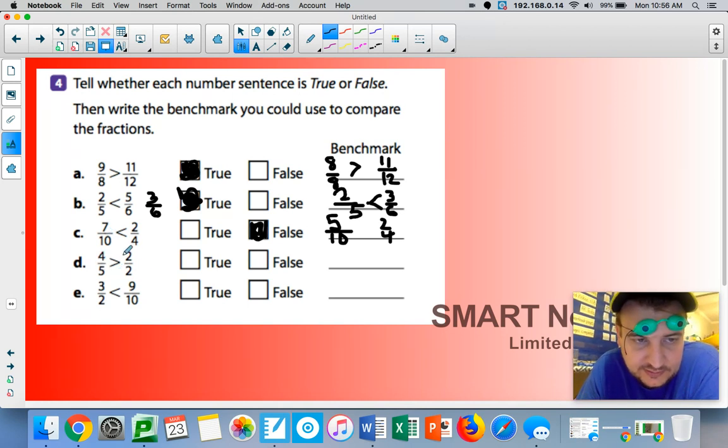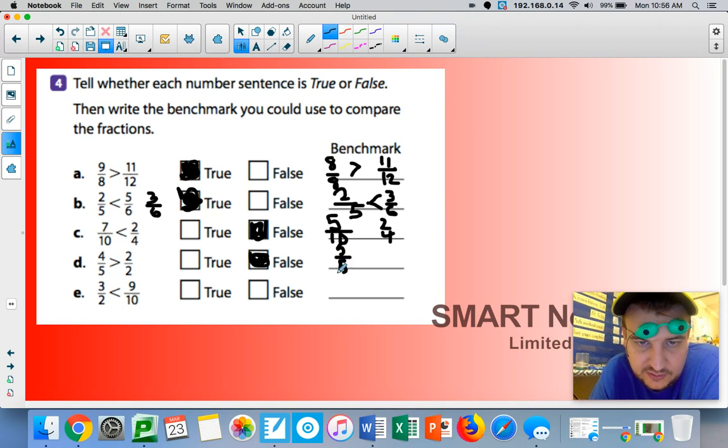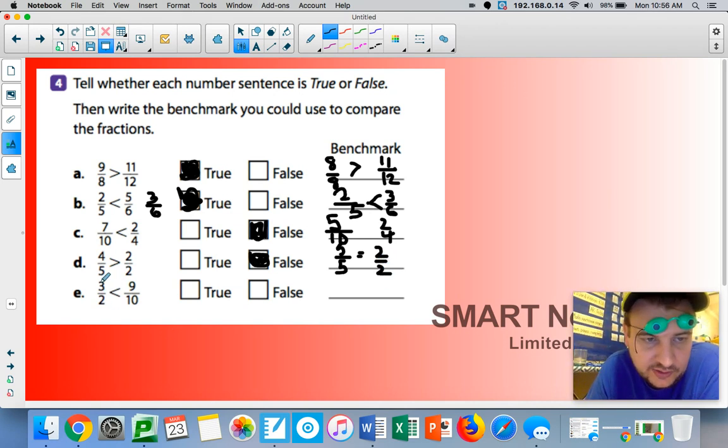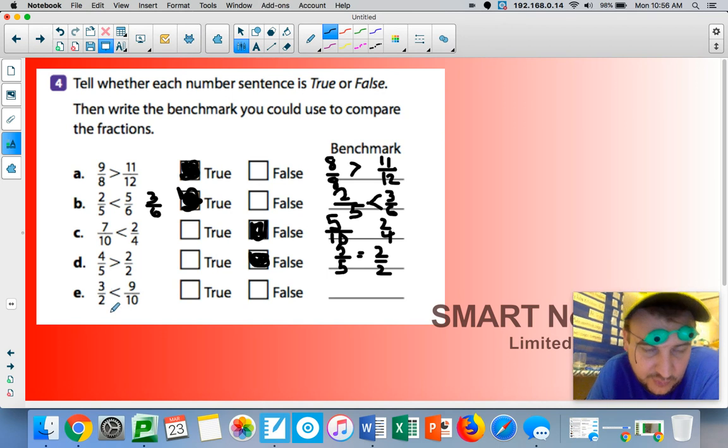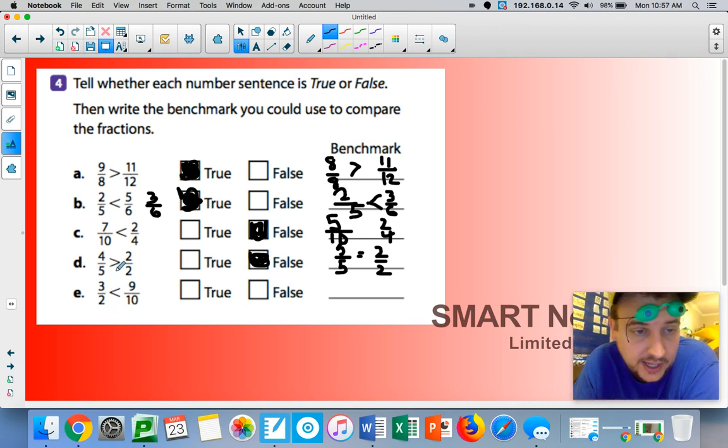4/5, 1 whole. This is a fraction. This is a whole complete set. This is false as well. For this to be true, I should have 5/5. 5/5 would be equal to 2 halves. All right, so here once again, this is improper, which means I have a whole and some parts.